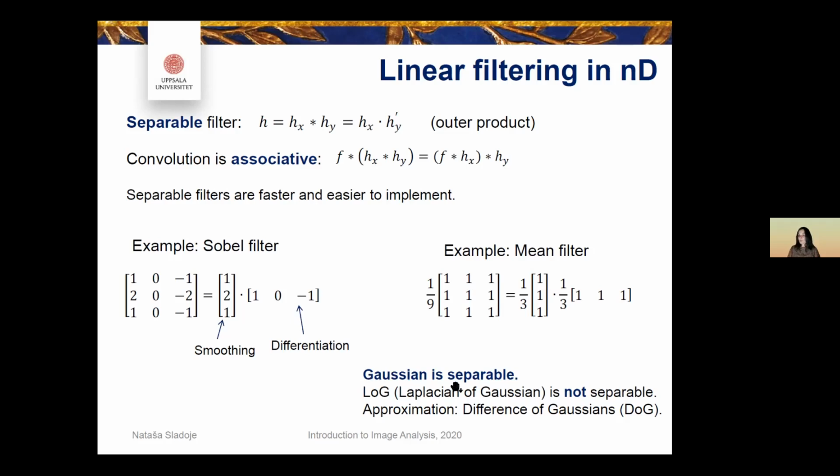There are other filters which are separable. For example, Gaussian is separable, which is one more good property of Gaussian filtering.